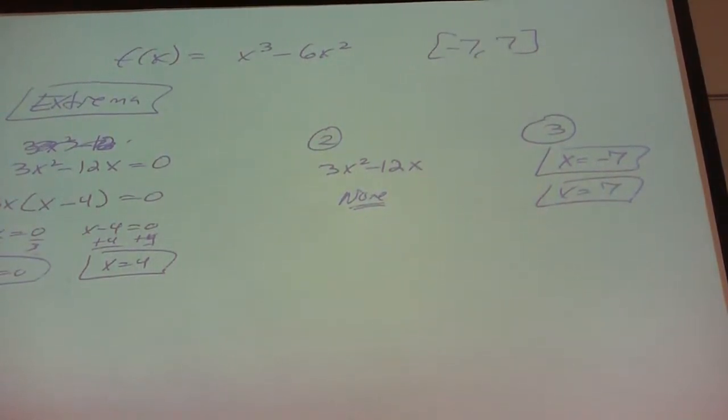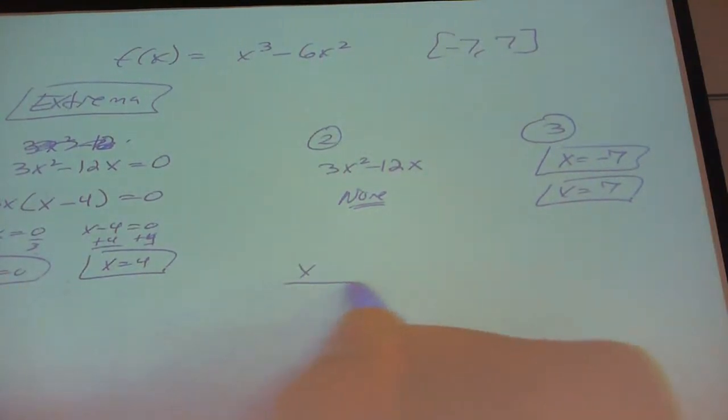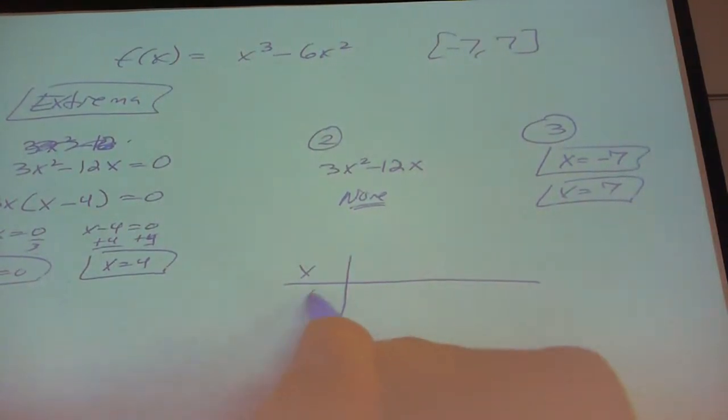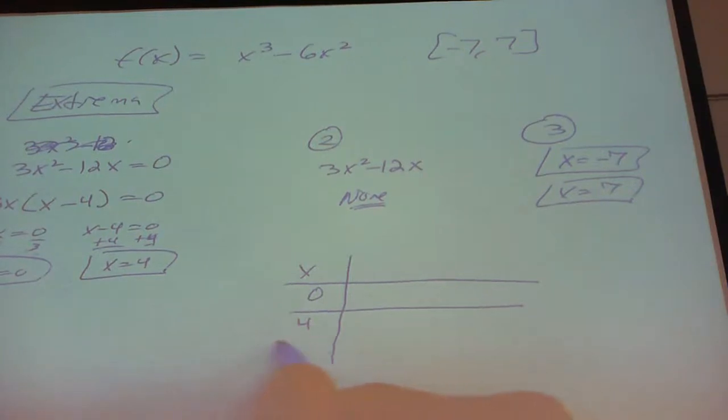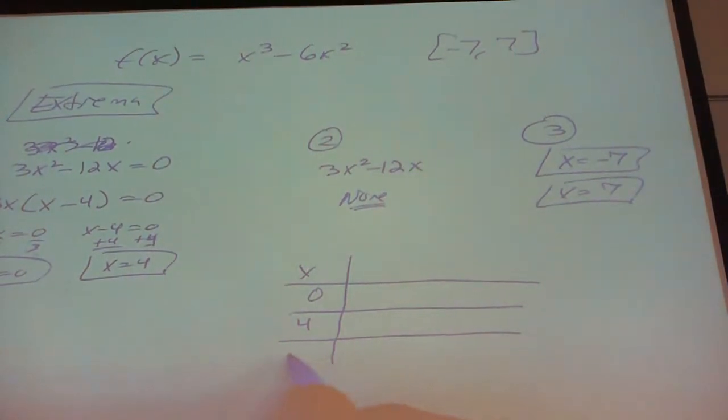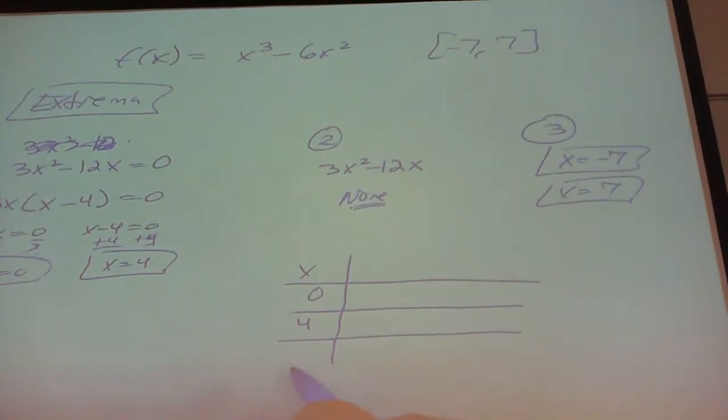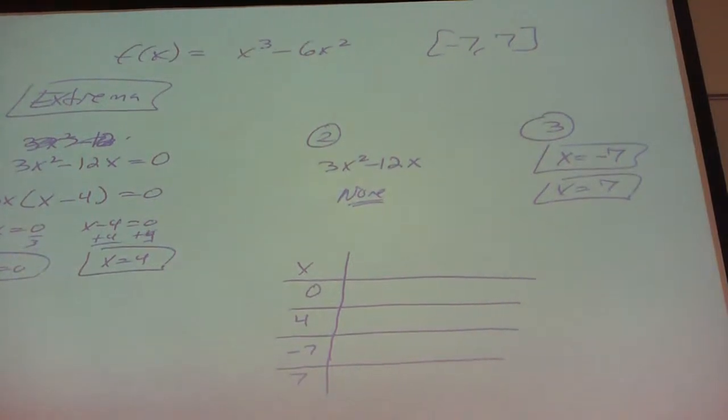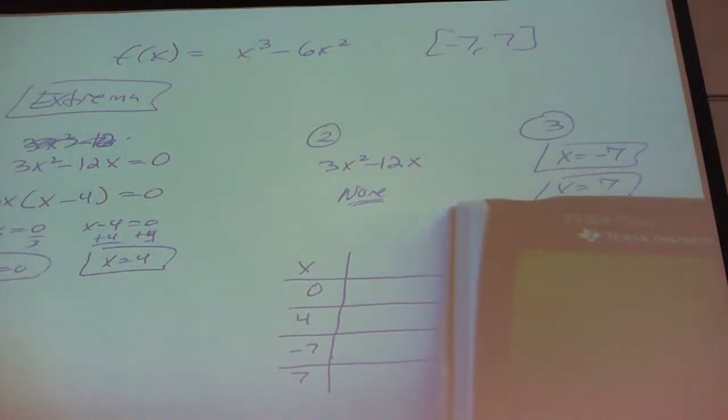Are we okay? So we make a table. The numbers I need to check are 0, 4, negative 7, and 7. Now, where do I plug it into? I plug it into the original.